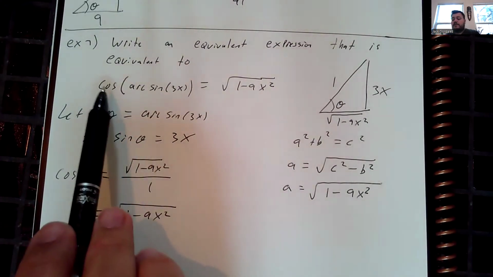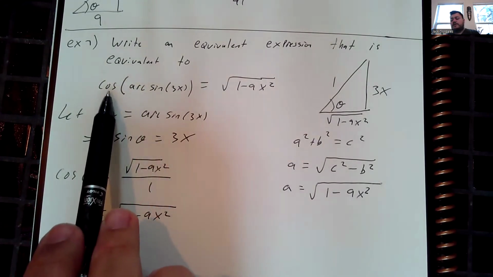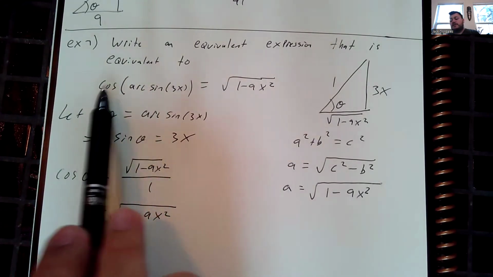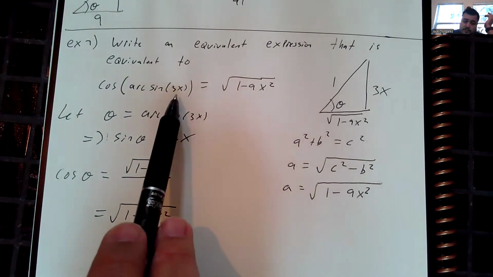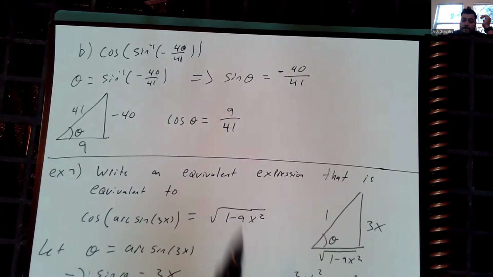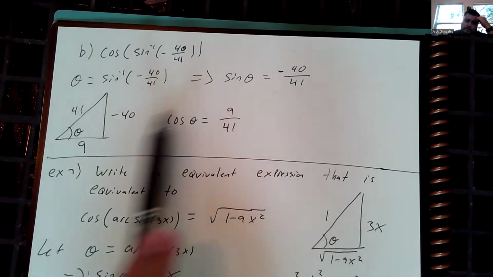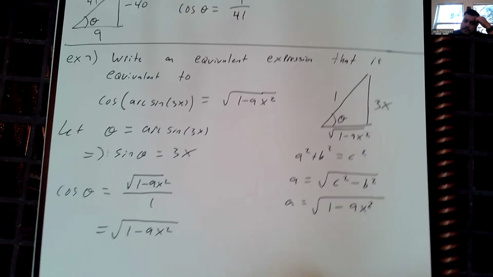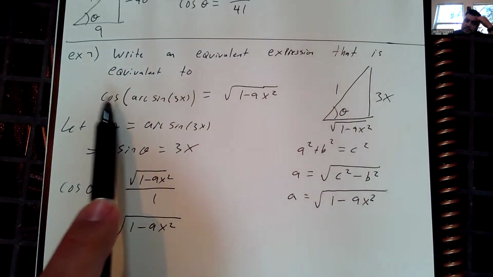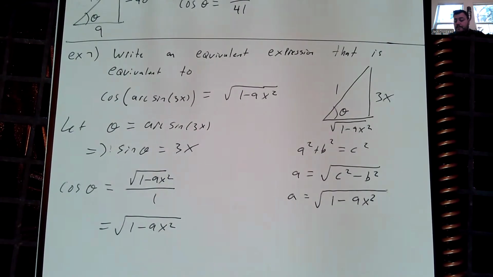Whenever you get something that's mismatching, like cosine and sine inverse, and it's algebraic or a number like we did up here, we got a number, we built the triangle, found the cosine. That's all you got to do.